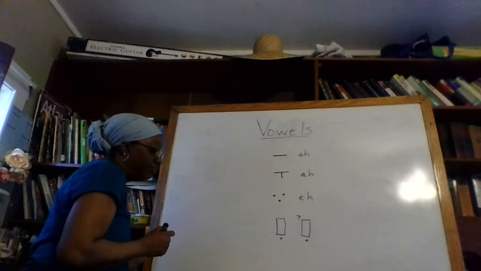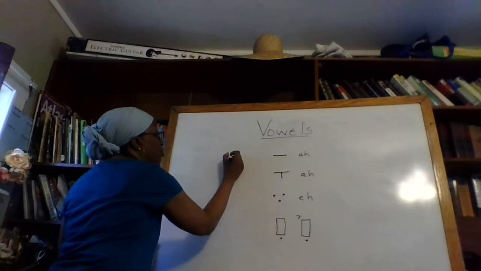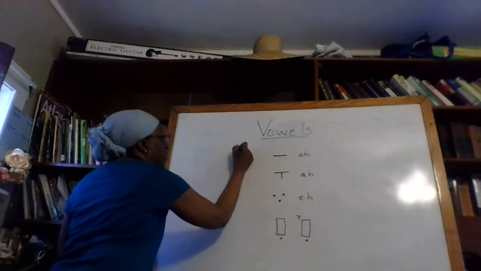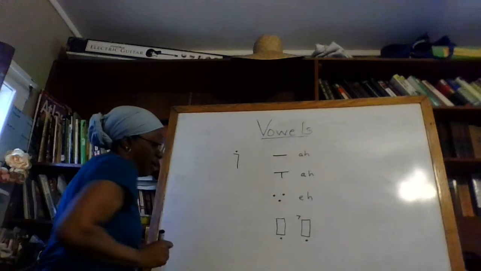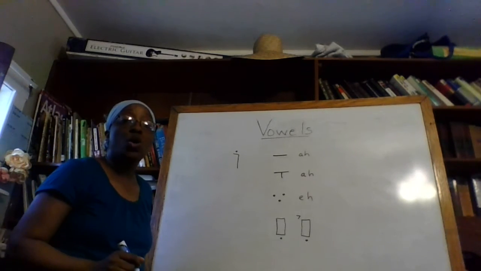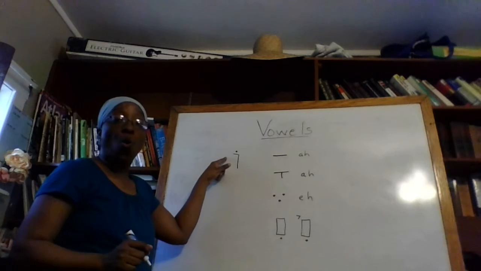Next, we're going to use the vav. Vav with a dot over it makes the o sound.